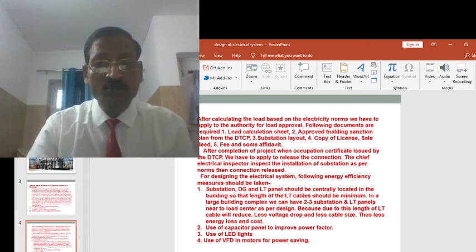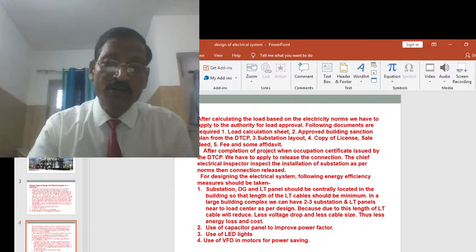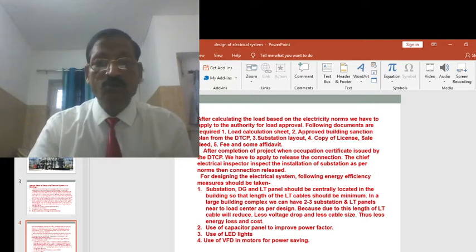After calculating the load based on the electricity norms, we have to apply to the authority for load approval. The following documents are required while applying for the load. Number one, the load calculation sheet. Number two, the approved building sanction plan from the DTCP, that is the Director of Town and Country Planning.